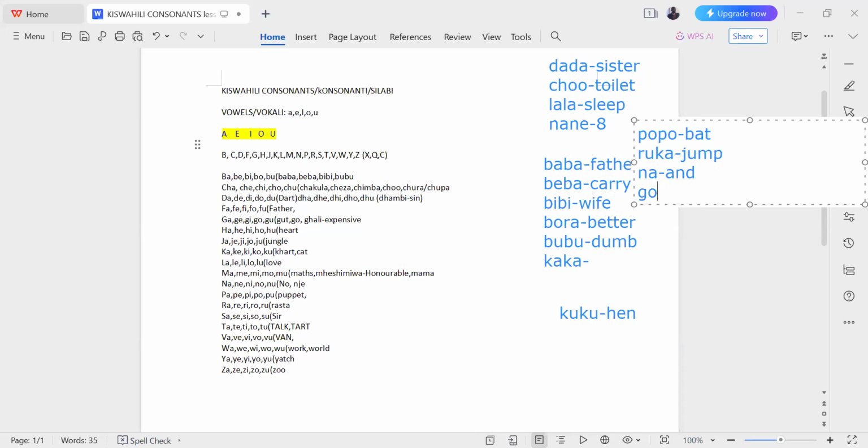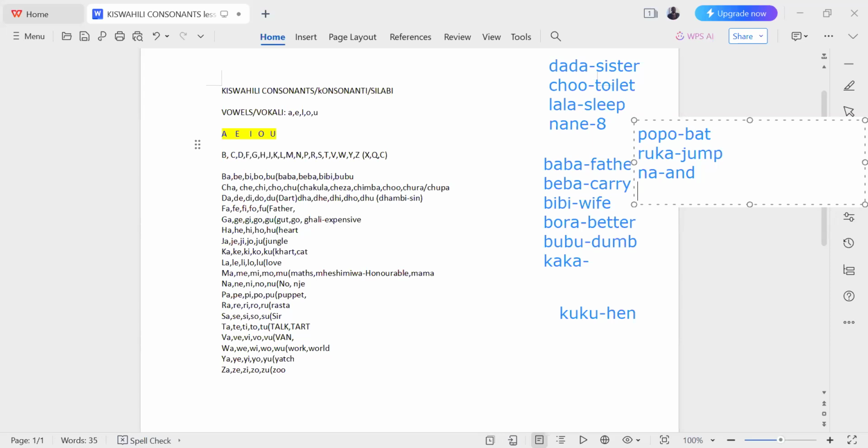Now, how this go is being combined with no, this one will be a high level. So let's deal with the simple ones first, where you just mix a two-letter syllable and another two-letter syllable. Let's do these simple ones, then we'll take advanced ones later.